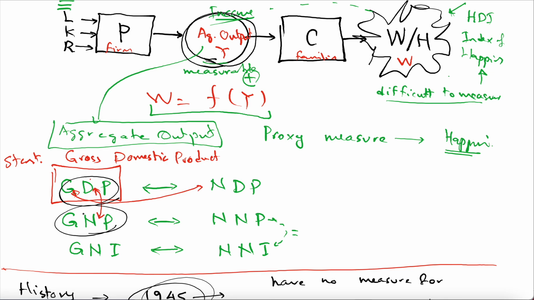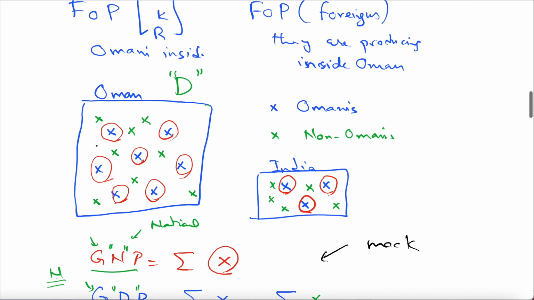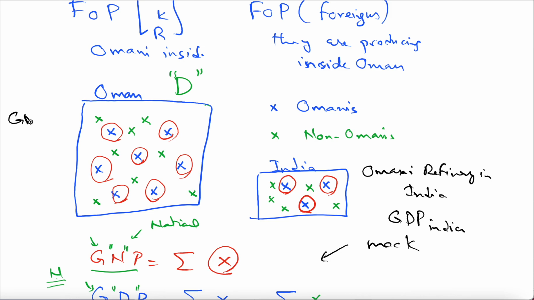D versus N. Let's say there is an Omani refinery in India. The production of this is inside the GDP of India, but the production of that is inside the GNP of Oman.